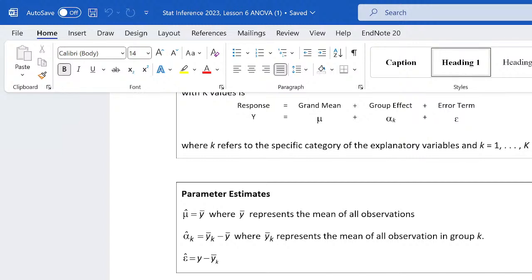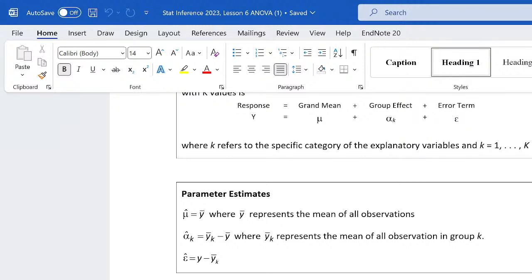This one is going to be the control average minus y bar, and the epsilon for any member of that group is going to be y minus the control mean.